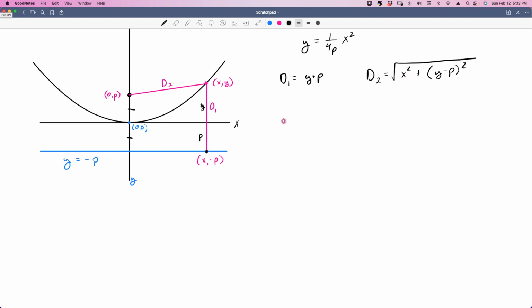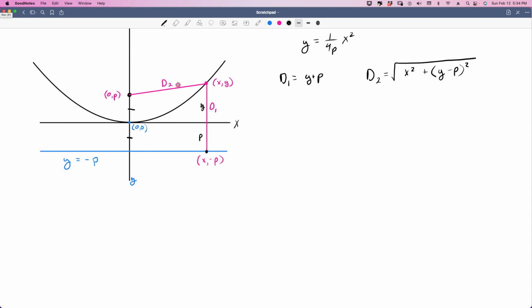Let me redo this so you can see where I got x squared from. If we were to do x minus 0, squared, x minus 0 is just x, so we can just write this as x squared. And then we add that to what we usually do, which is y minus p, or y minus whatever that number is here, and square it. So that's our distance formula for distance 2.